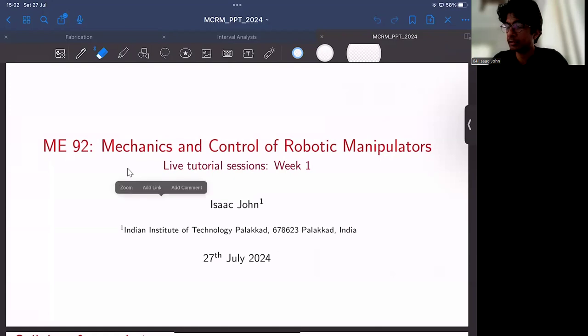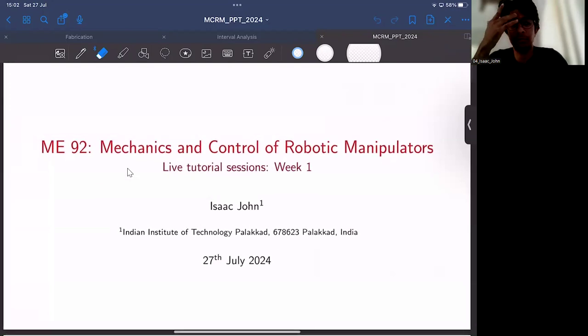As you might have already seen through the lectures, the topics covered in the first week are basically an elementary recap of linear algebra and coordinate systems.